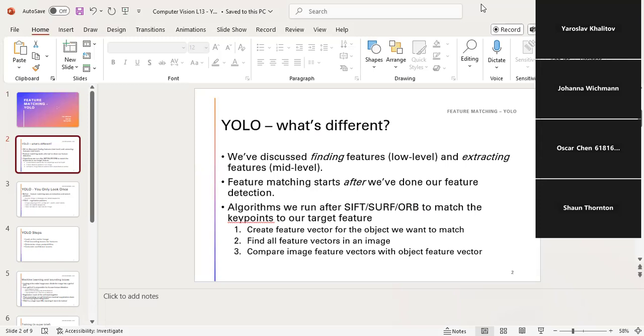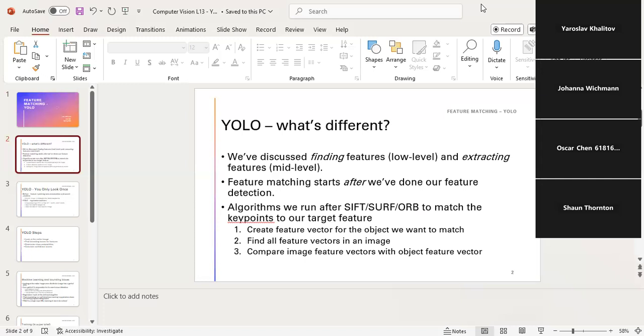What we've talked about up till now, when we're talking about mid-level features, and we've sort of gotten into high-level features a little bit with FLANN, is this idea that we're extracting a feature, and we're getting a feature vector, and we have our target feature vector. That's kind of what we're looking for. So we have a feature vector for Kirby, and we have a feature vector for Pikachu, and we are matching those against all the key points one of those algorithms has chosen in the image.